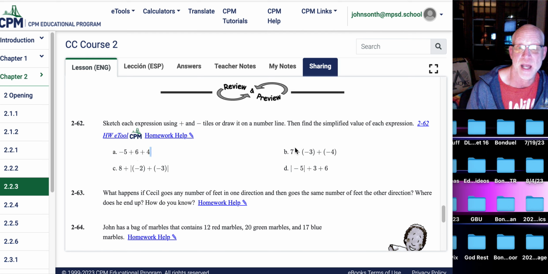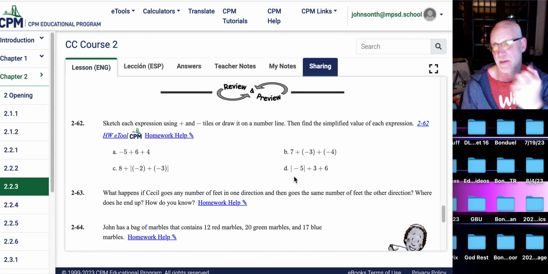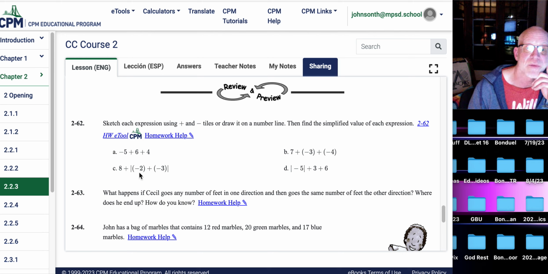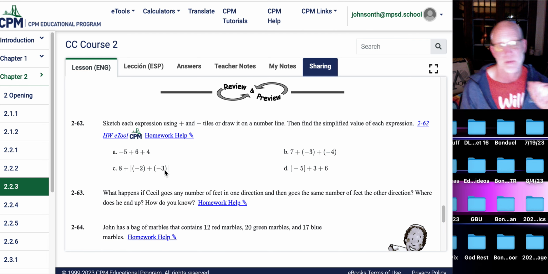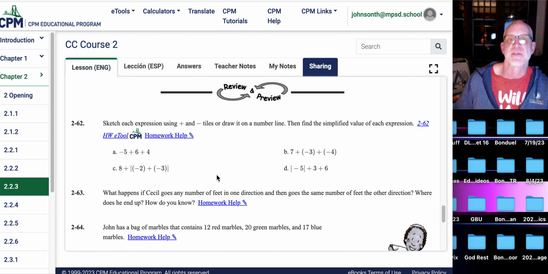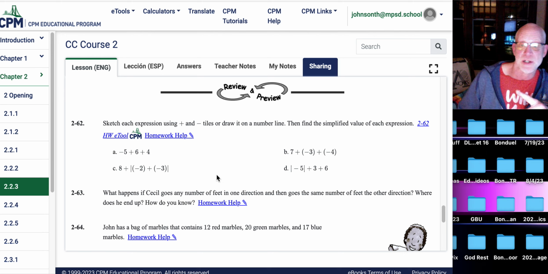We only care how far is it from 0. So when we say negative 5, the absolute value of negative 5 is just simply 5. That's it. Or if we look at this, negative 2 plus 3 negatives, that's negative 5, but its absolute value is just 5. Okay?